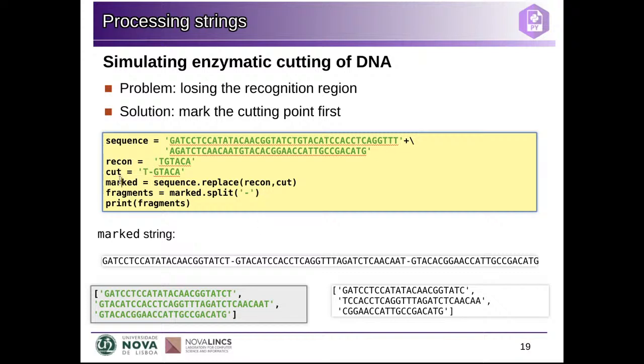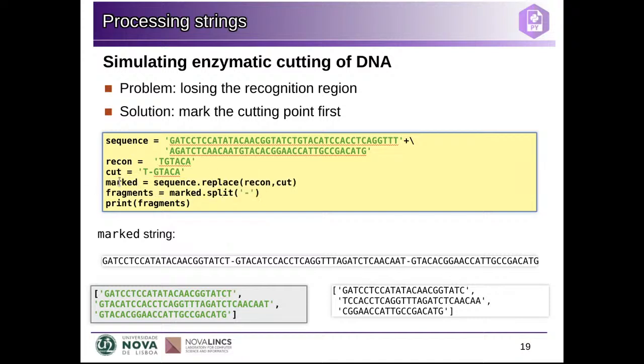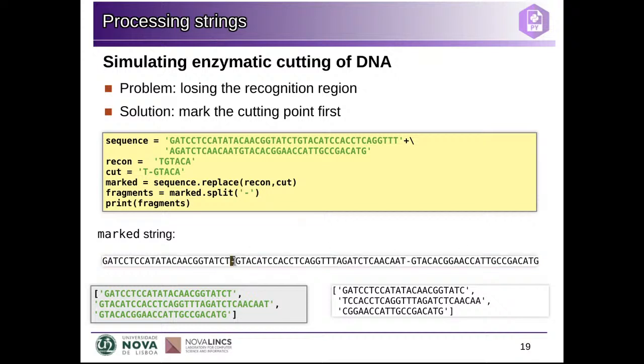So now we can use a sequence of calls to these methods, and I'm going to create the marked version of the sequence by calling this replace method on the original sequence, and replace all instances of the recognition site with this string that has the cutting point marked. So I get something like this. It's exactly the same sequence, the letters are all there, but now I have these dashes marking where the enzyme would cut.